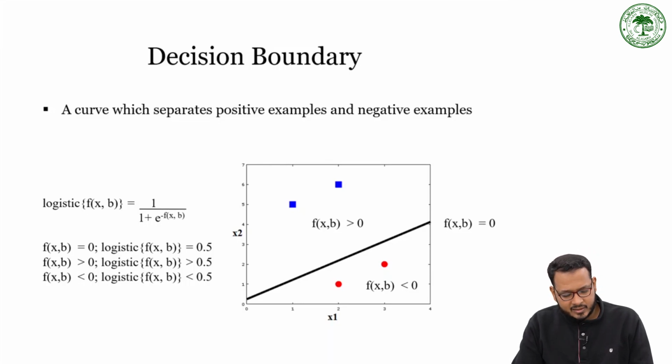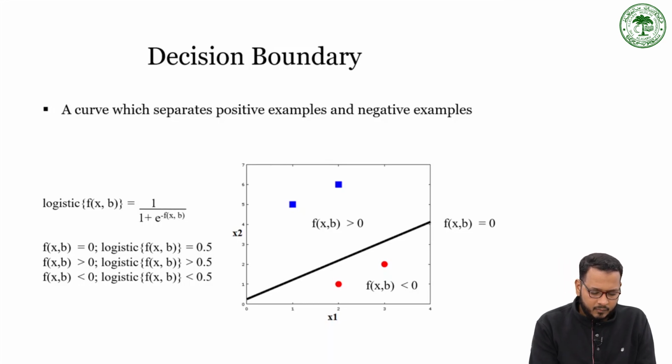To do further reasoning, to identify the class of a new instance, this is what we can do. We will put the values of that new instance into our function. If it turns out to be 0, it also means that the logistic value is 0.5.